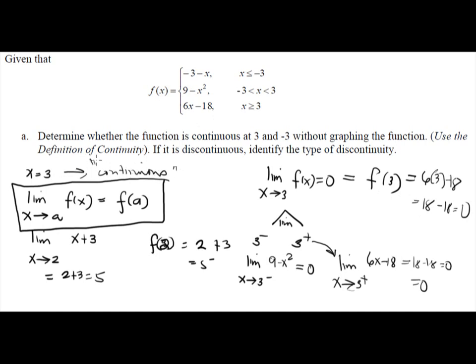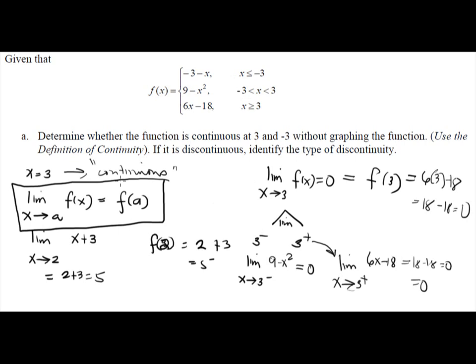Okay? So I'll be leaving to you how you determine whether the function will be continuous at negative 3. So apply the same idea. You're just replacing 3 by negative 3. Obviously, the function will change depending on where the negative 3 is.